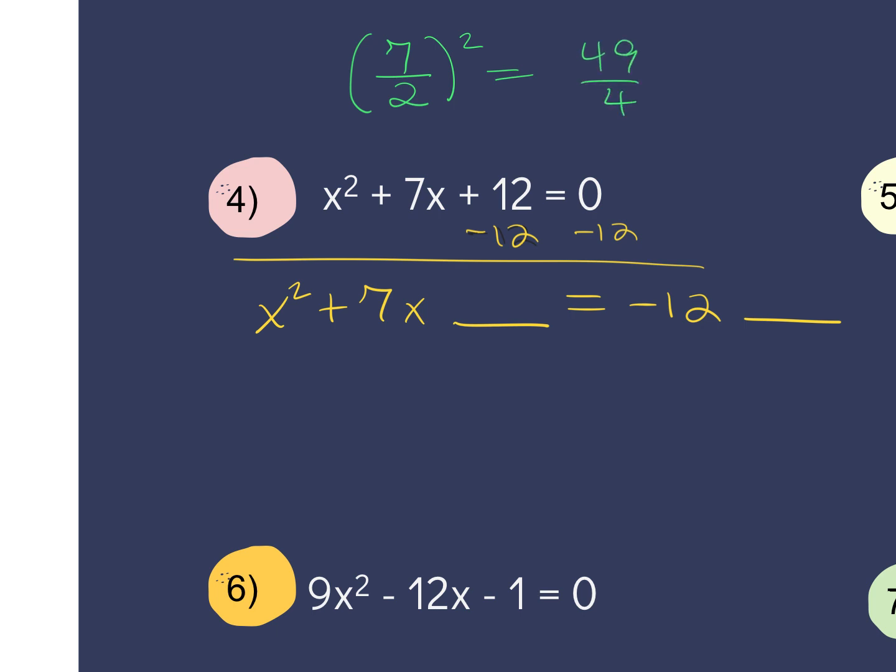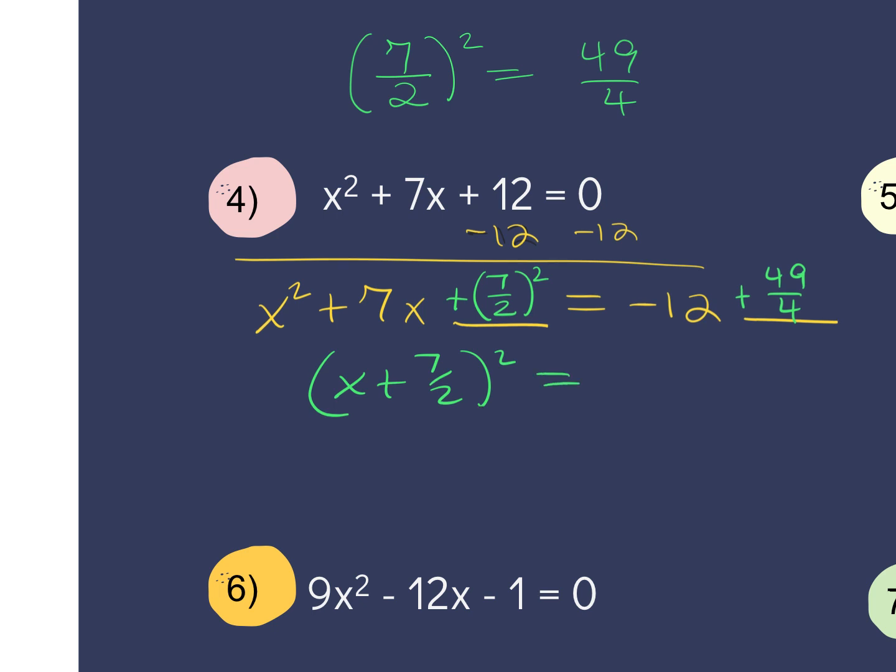I'm not going to make it 3.5. So when I fill it into my blank space, I'm going to put this in as 7 over 2 squared. But over here, I put the 49 over 4. Now, when I go to factor the left side, it's nice and easy. It's just going to be x plus 7 over 2 squared.